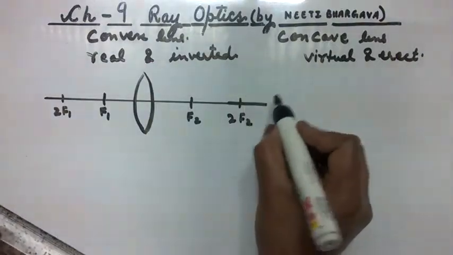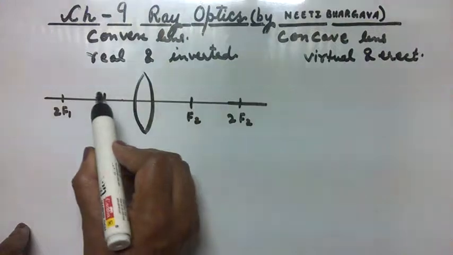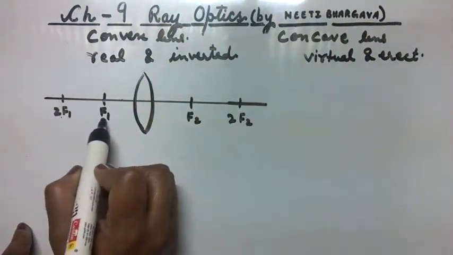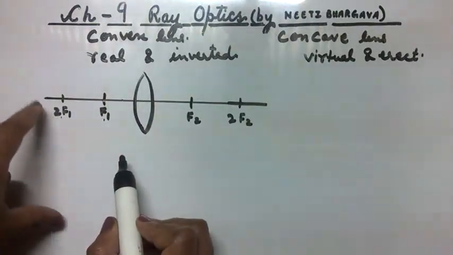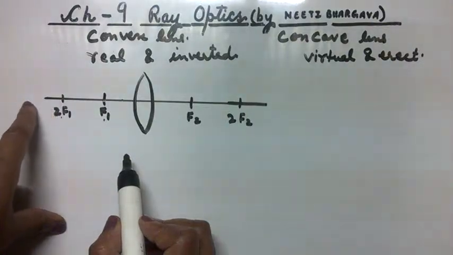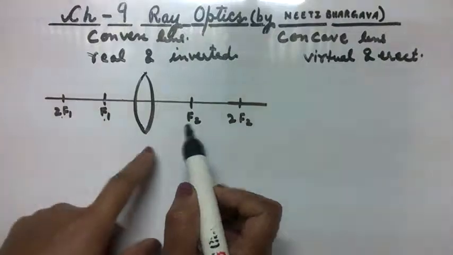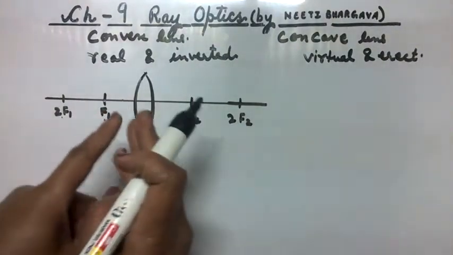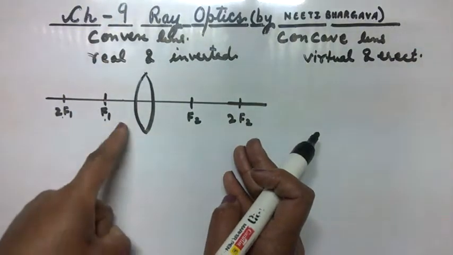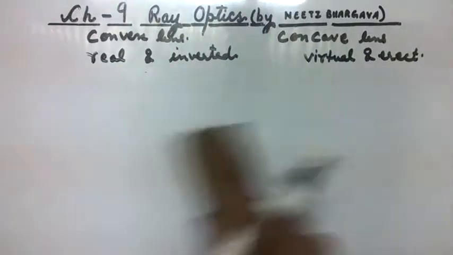So these are the positions where we can place the object: within the focus, on focus, between 2f1 and f1, on 2f1, beyond 2f1, or on infinity. So here let's discuss one by one all the positions where we can place the object and see the image formation by this object.